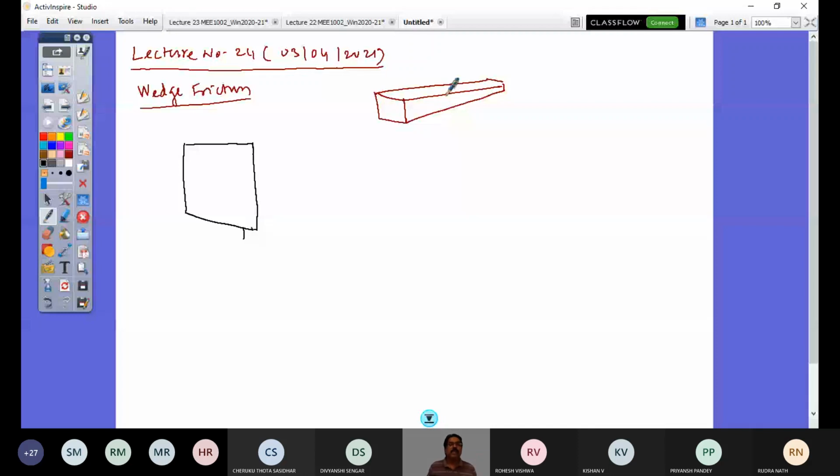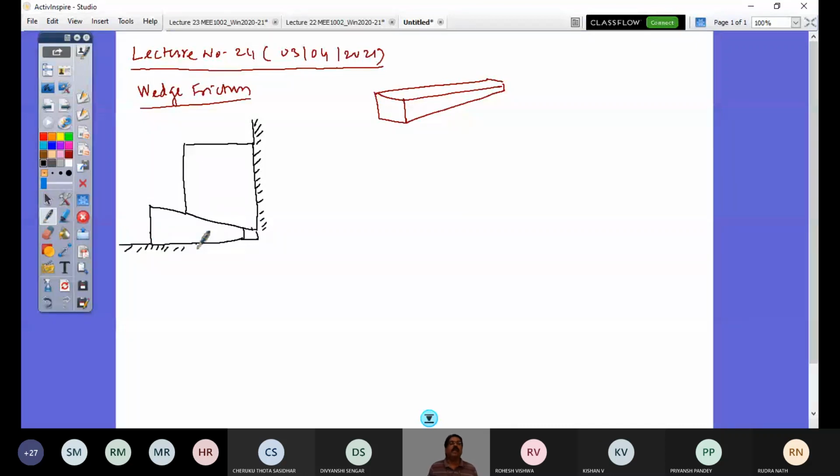So this is that arrangement of wedge. So now you see this entire thing is supported like this. One side of this block is supported against this wall, a vertical wall, whereas this wedge is now on a horizontal floor.